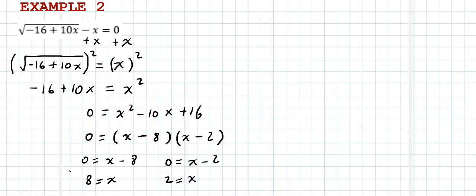Now we have to test both solutions to find what is the real solution of the equation. With the first, x equals 8, we have the square root of negative 16 plus 10 times 8, minus 8 equals 0.